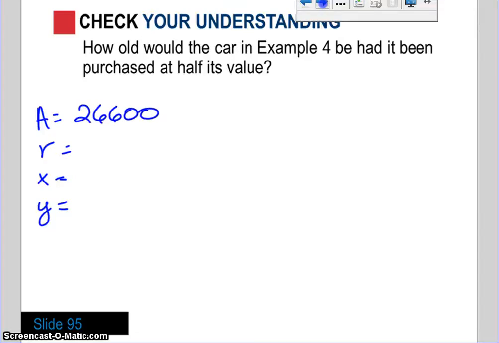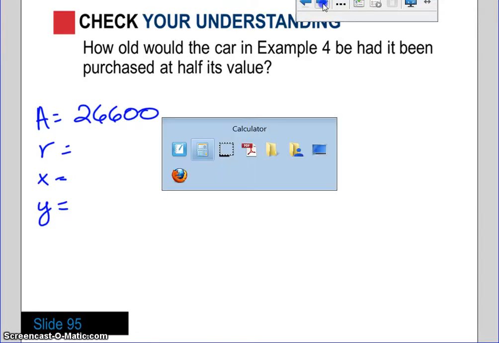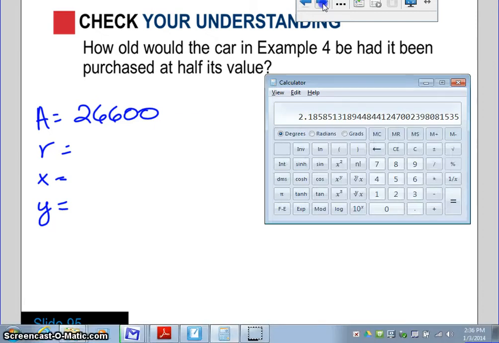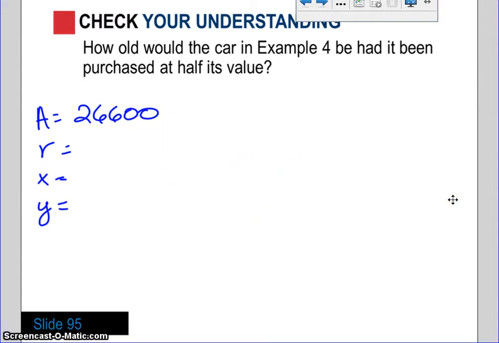If I take $26,600 and divide that by 2, I would have half of the car's value, which is $13,300. So y is going to be $13,300.